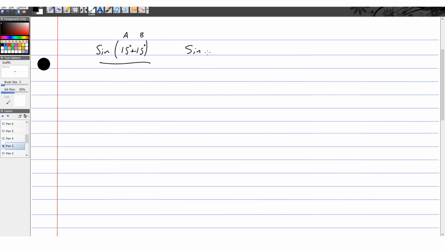So the compound angle formula says sine A times the cos of B plus the cos of A times the sine of B is the same as sine of A plus B. And we're expecting it to equal a half because the sine of 30 is a half.